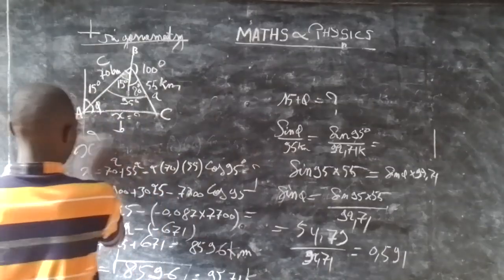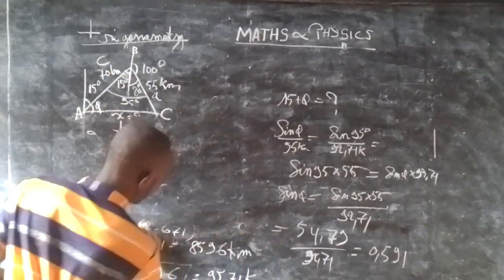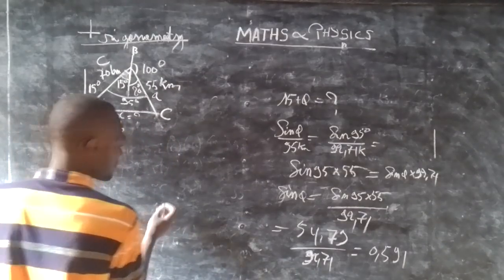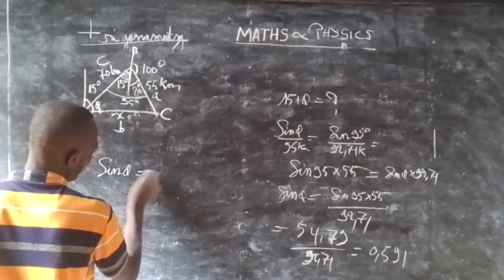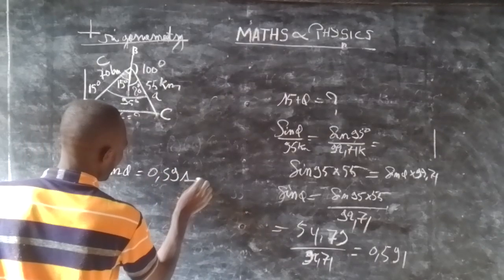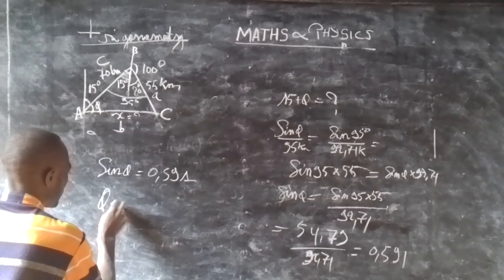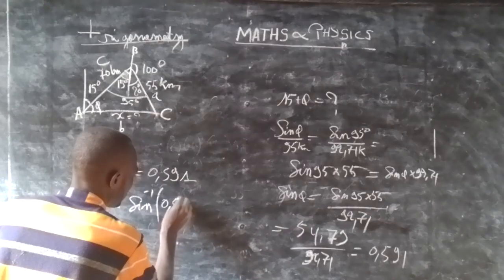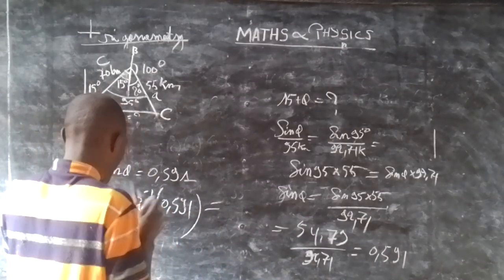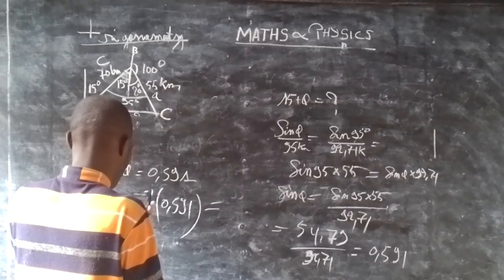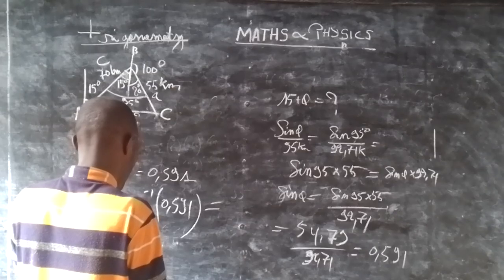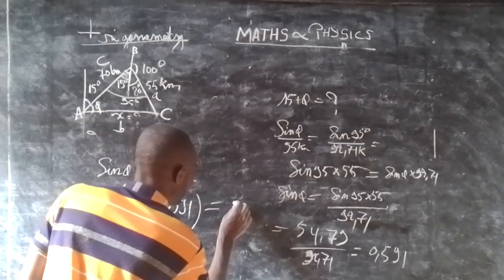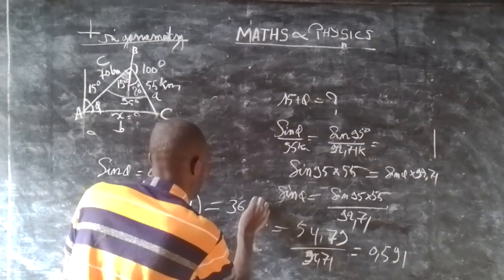So let's see what our phi will be. Sine phi is equal to 0.591, so phi will be equal to sine inverse of 0.591, which is equal to 36.22 degrees.